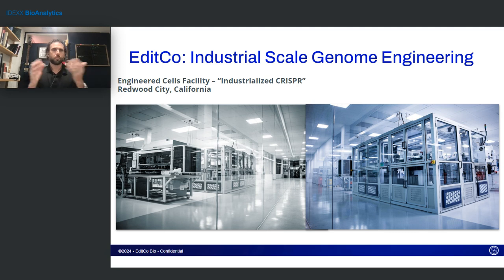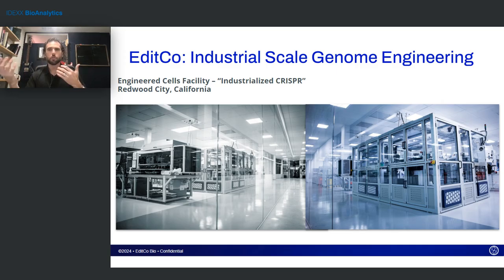So what we have here is a peek behind the curtain of our highly automated factory, which is based in Redwood City, California, or what I like to commonly call our cell nursery. The image on the right is where all the outgrowth and expansion of our cells takes place. It happens in a highly automated fashion. For clonal projects, following single cell printing and clonal isolation, cells are moved around in this module in a large plate format, and images are taken every 2 to 3 days.